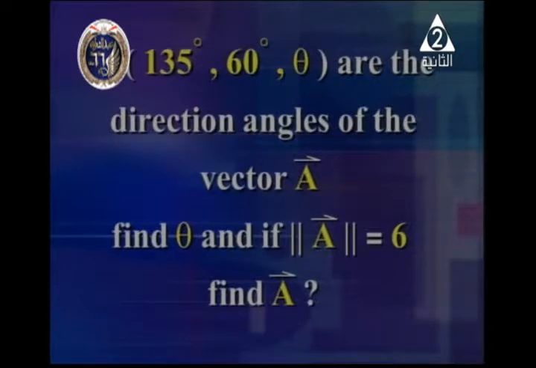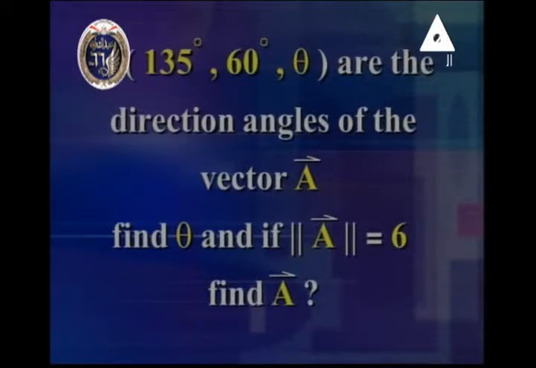We have theta x equals 135, theta y equals 60, theta z is theta. What is required? Find the value of theta. And if the norm of this vector A equals 6, find the vector A. Remember, dear student, this is an important example.